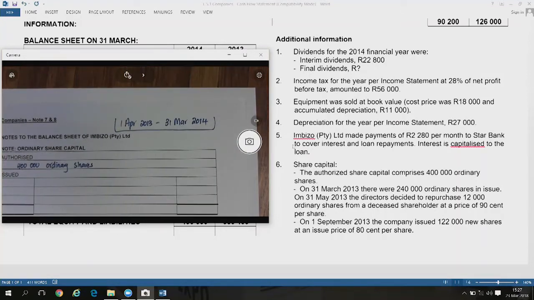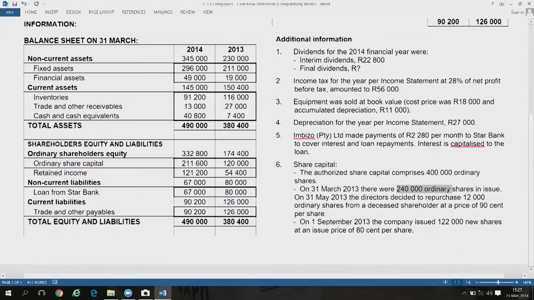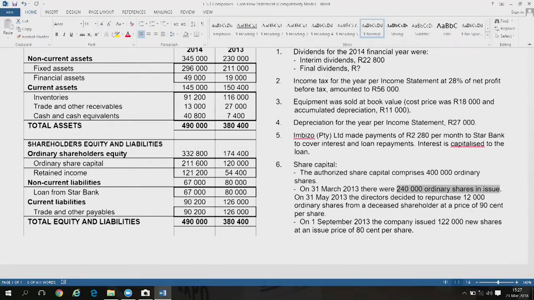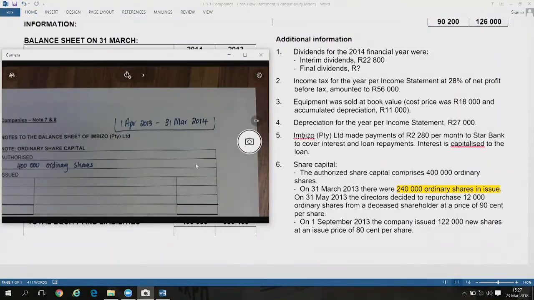On the 31st of March 2013, there were 240,000 ordinary shares in issue. That is basically your balance there. And we are going to start our note with that balance. And that will give us 240,000 ordinary shares in issue.